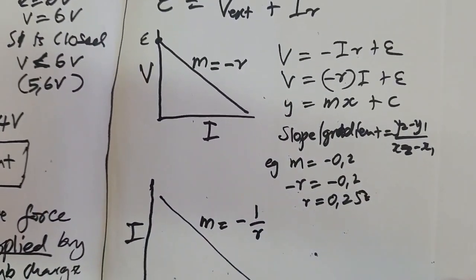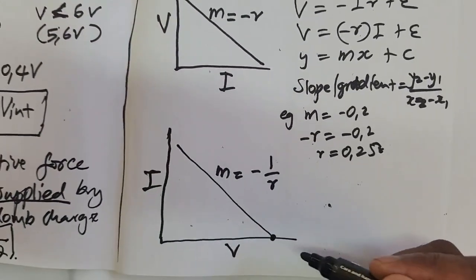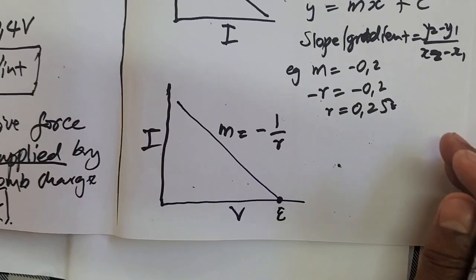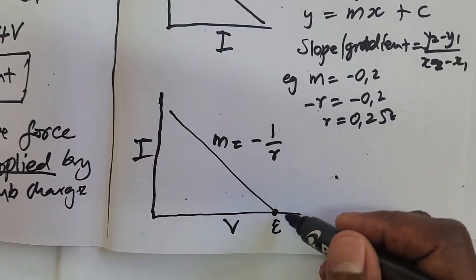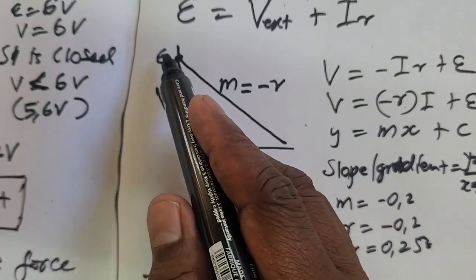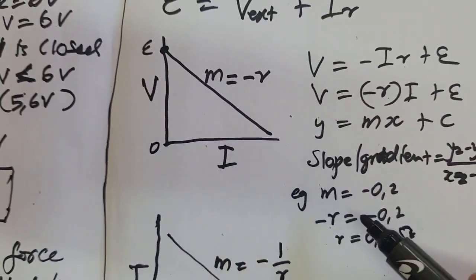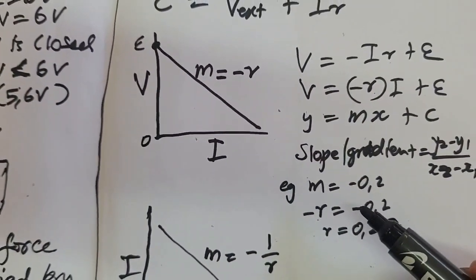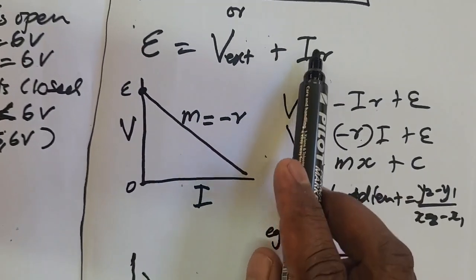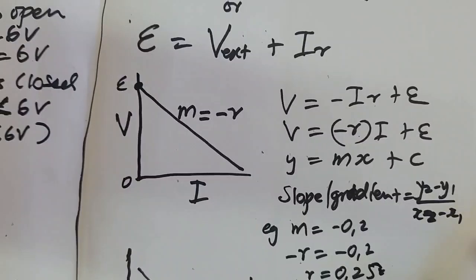Again, here the x-intercept will represent the EMF. Remember, at the x-intercept, the current is 0, the vertical axis. At this point the current is not flowing in the circuit. With this formula, when the current is 0, the whole Ir term is 0, so what you read on the voltmeter is the EMF.